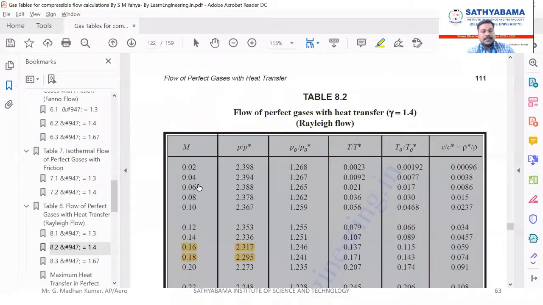So what is your P naught by P naught star? Similarly, average of these two. Average of 1.246 and then 1.241. Yes, Venkata Subramanian.